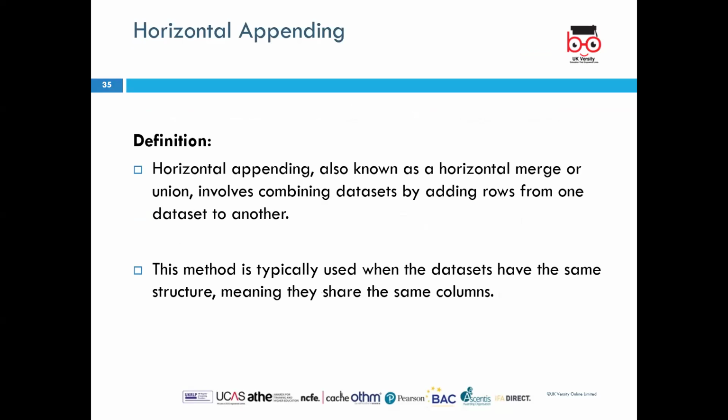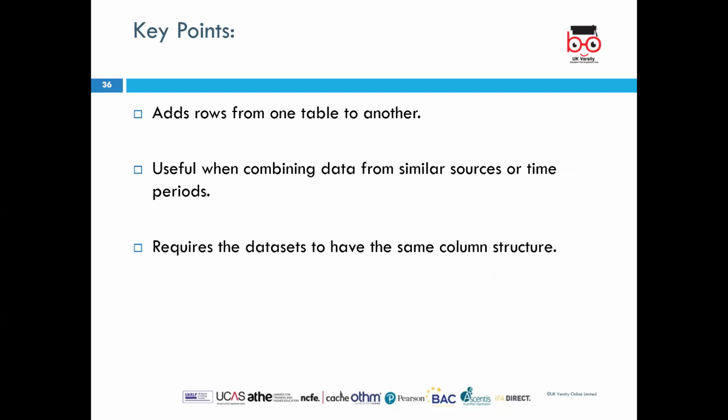With horizontal appending, also known as horizontal merge or union, we will now combine data sets by adding rows from one table to another. The key point: we're now going to add rows from one table to another.